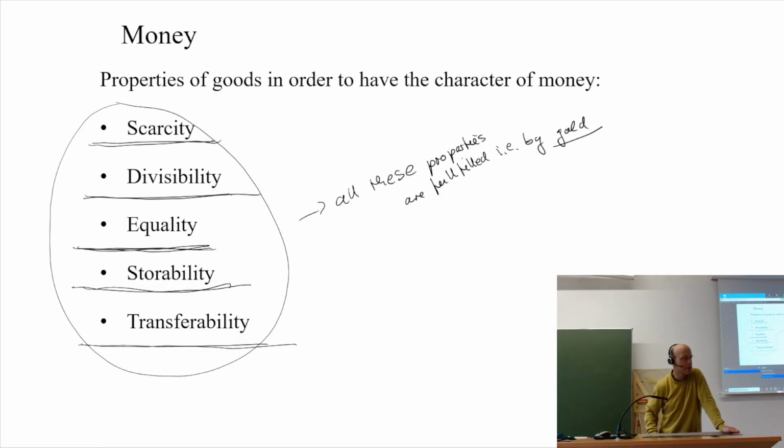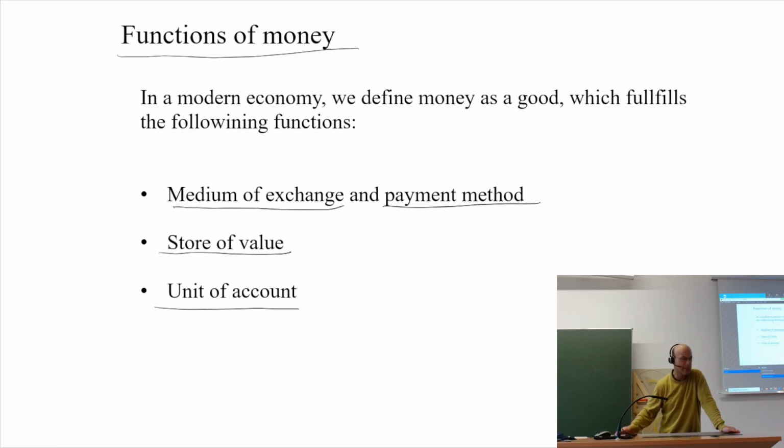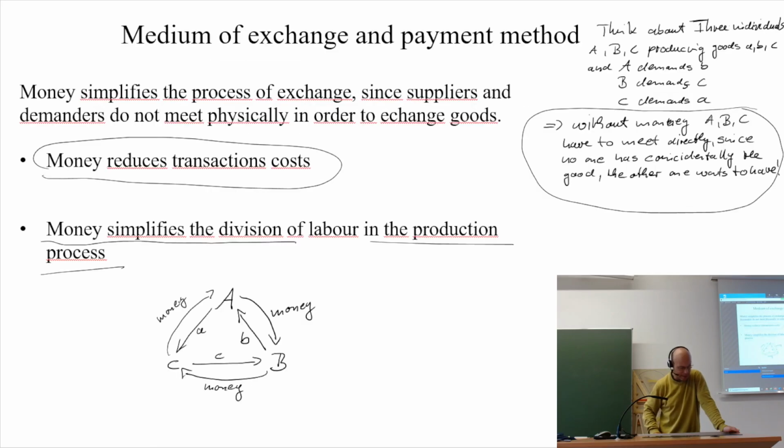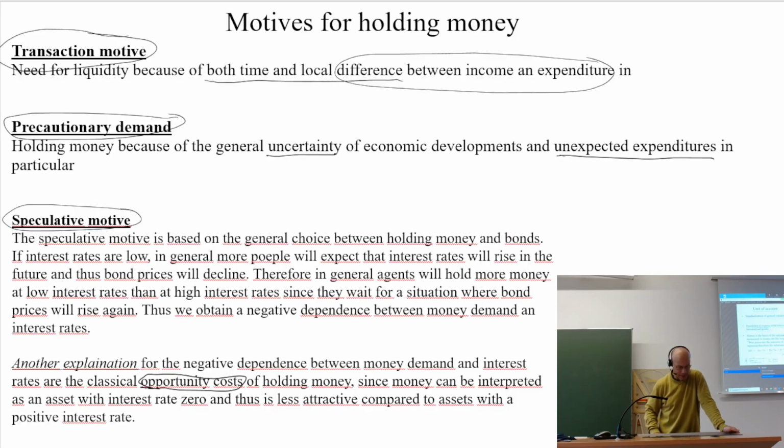Money is just a good with some special properties, and these properties come from the functions for which we want to use money. From this we then have our motives of holding money, which we will later find in our theoretical models when we start to talk about money demand functions.